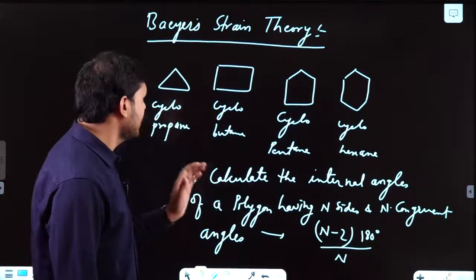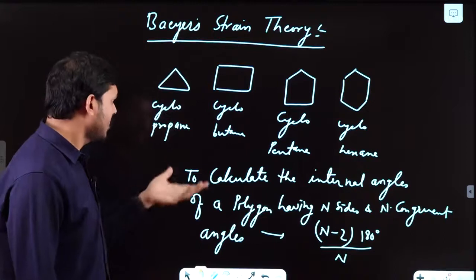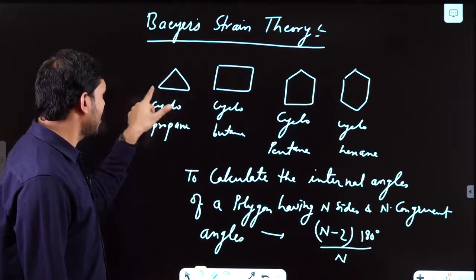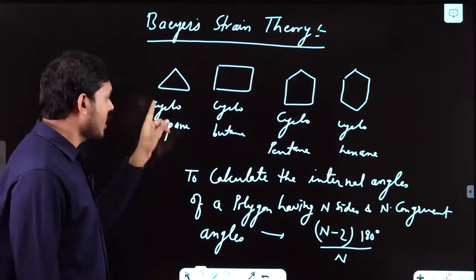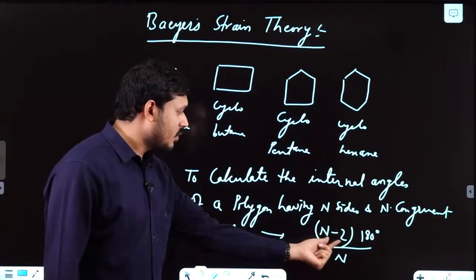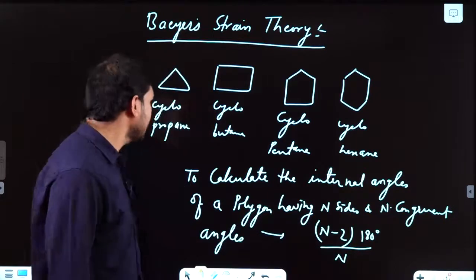Suppose I take this 3-membered ring, cyclopropane, and consider it simply as a triangle. All the 3 sides are similar and all the 3 angles are similar. So here n equals 3. So 3 minus 2 is 1, into 180 upon 3, that is simply 60 degree.